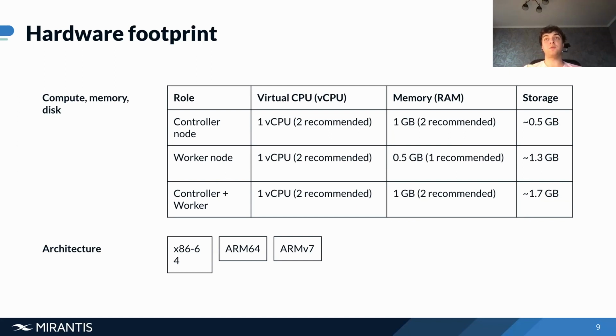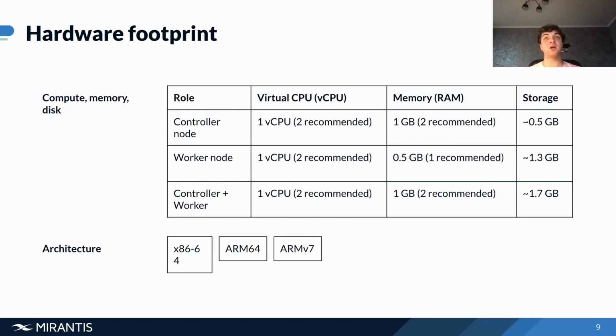If you're deploying controller and worker nodes, then for the controller, as you can see in this table, you only need one vCPU. Of course, the higher the better, but the minimum requirement is one vCPU. For RAM, you only need 1 GB, and for storage, about half a GB will be enough.